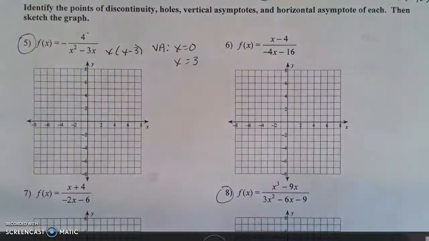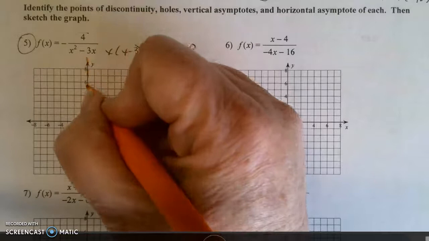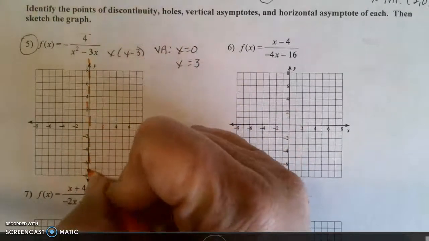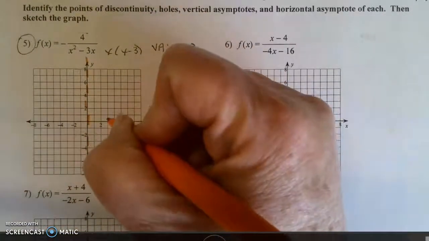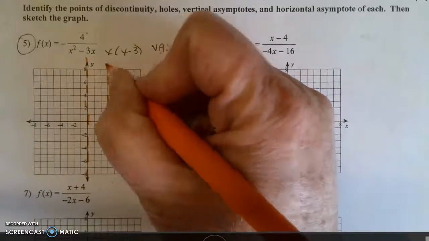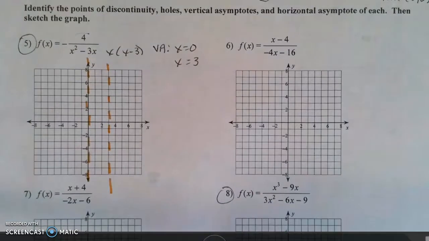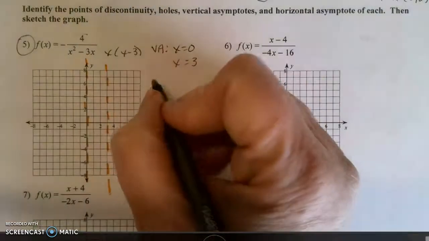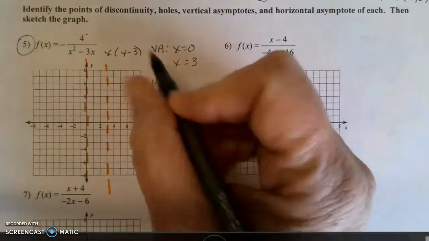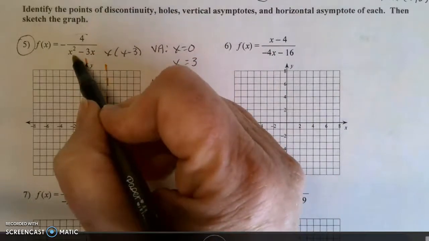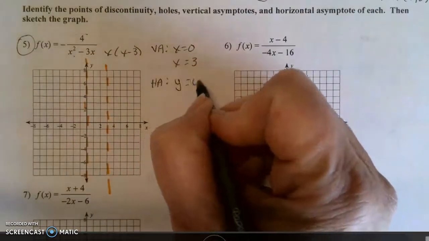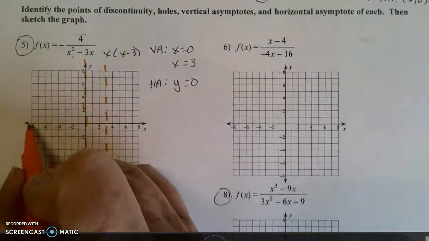And I'm going to plot it in. There's 1. And there's 2. Now I need a horizontal asymptote. Bigger exponent, so it's y equals 0. And I'm going to put that in.